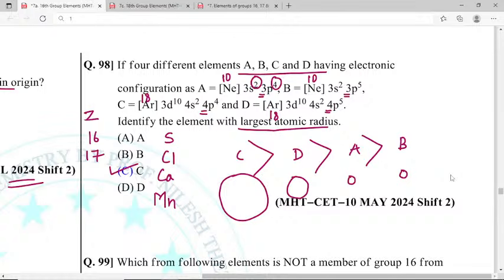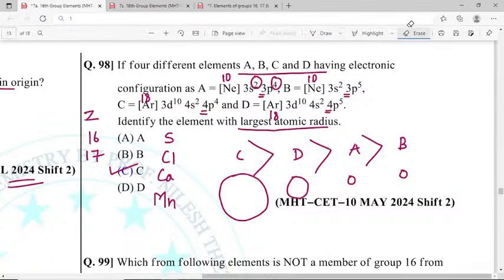18 plus 2 is 20 and 24, 2p4 is there also. 18 plus 2 is 20 and 24, so 24 is chromium, Cr 24.